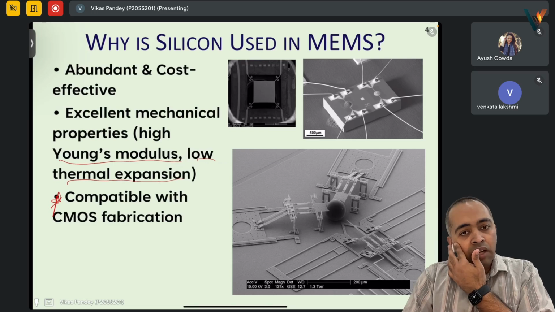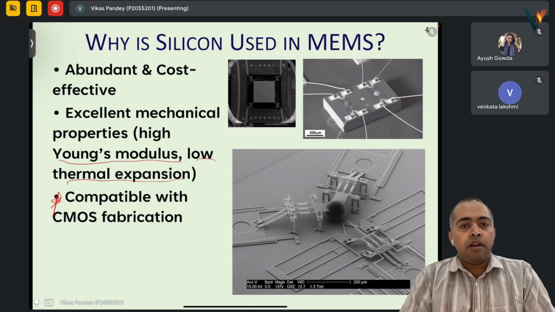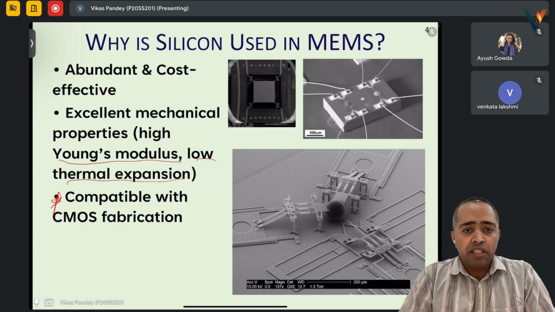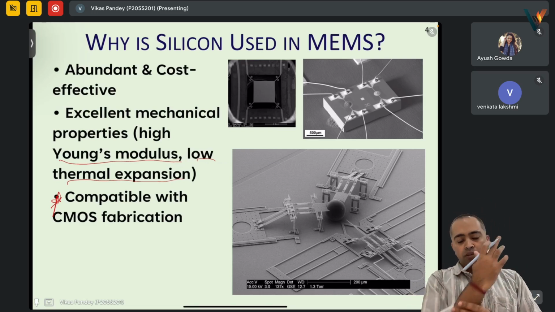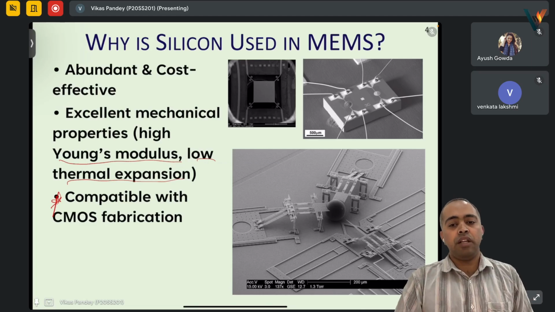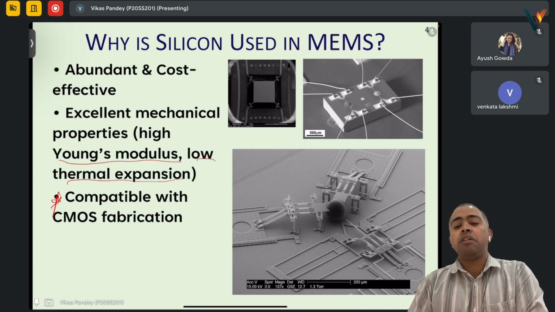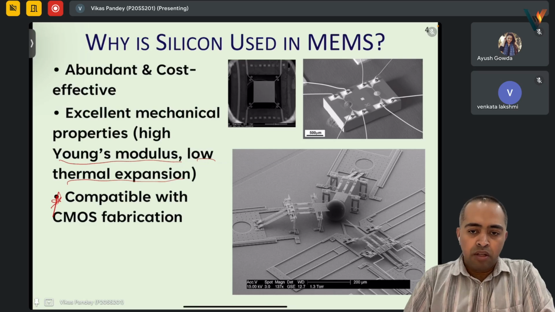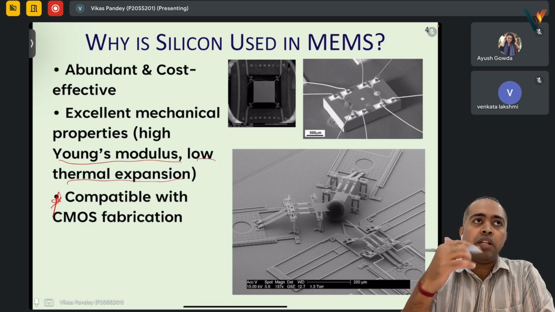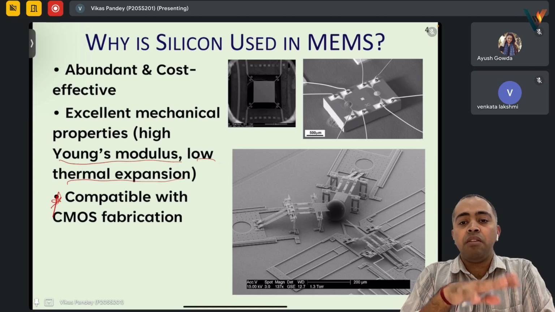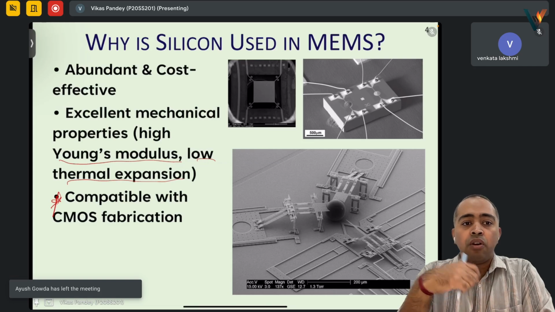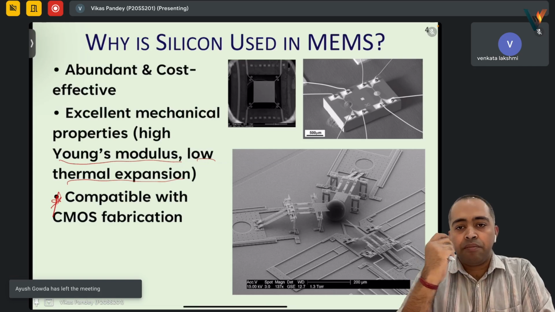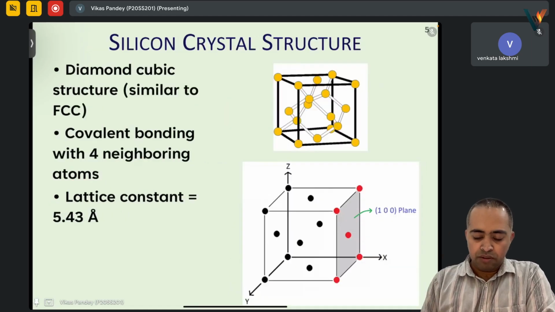We already have developed some techniques of fabricating silicon-based devices. So we don't have to invent the whole thing or optimize each and everything. Many processes as well as many structures are well optimized. That gives us the reason of using silicon for MEMS structures.